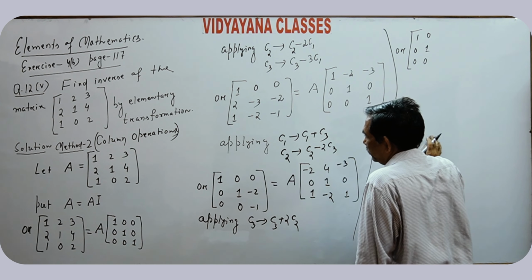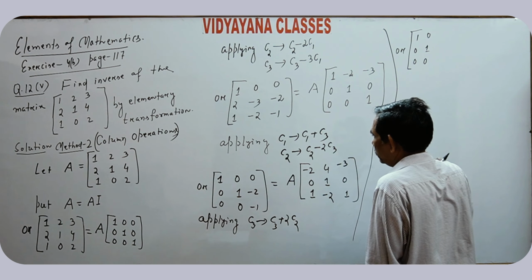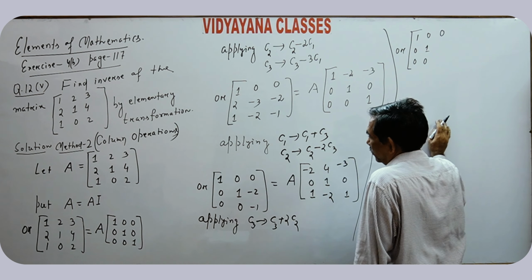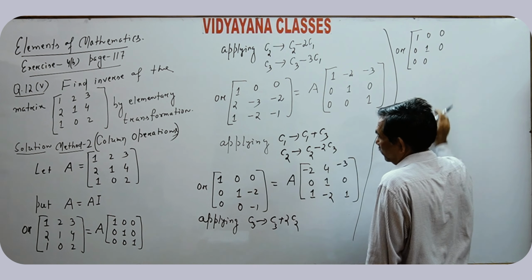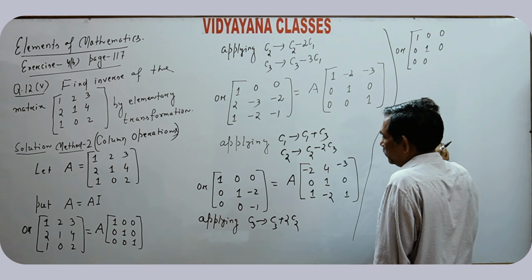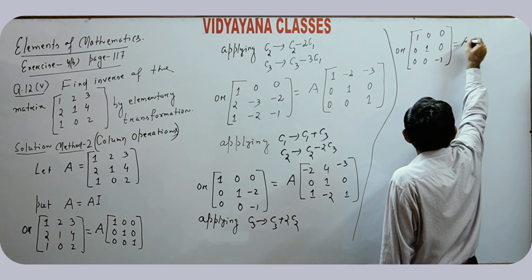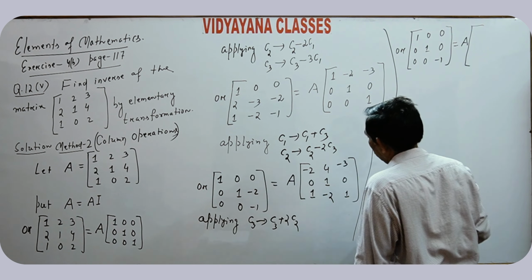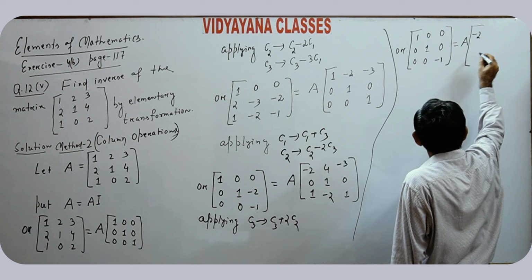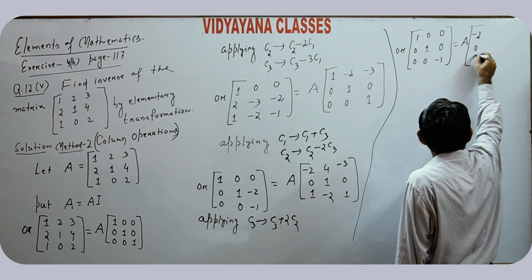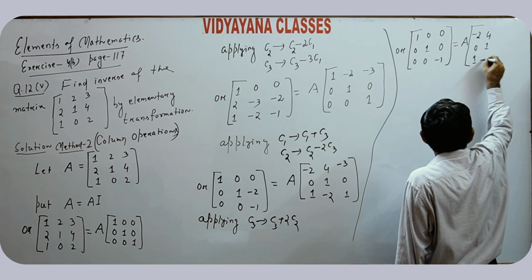In the left hand side, column 3 is replaced by column 3 plus 2 times of column 2, that is equal to 0, minus 2 plus 2 times of column 1, that is equal to 0, minus 1 plus 2 times, it is minus 1, which is same as A. In the right hand side, minus 2, 0, 1, 4, 1 minus 2, 4, 1 minus 2.